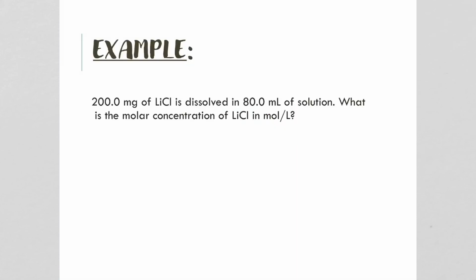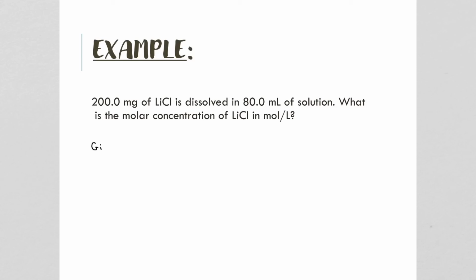So in this example, we've been given the following. 200 milligrams of lithium chloride is dissolved in 80 milliliters of solution. What is the molar concentration of lithium chloride in moles per liter? So first we'll list what we've been given.